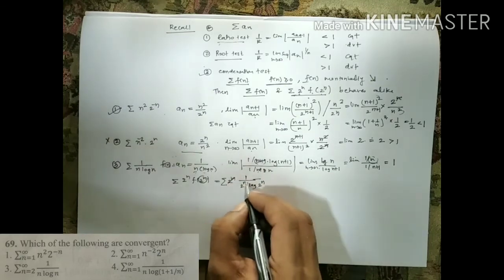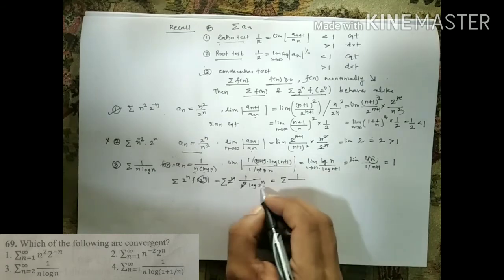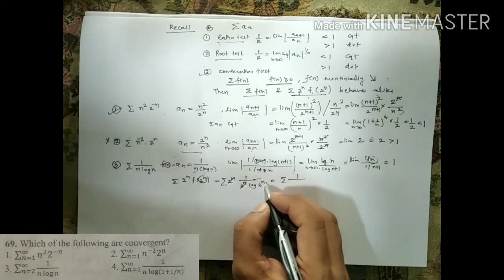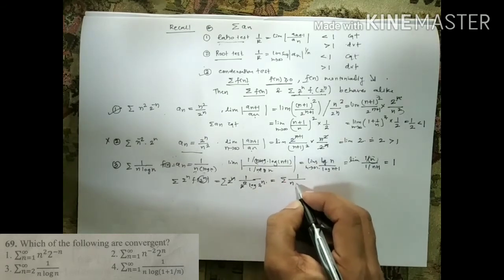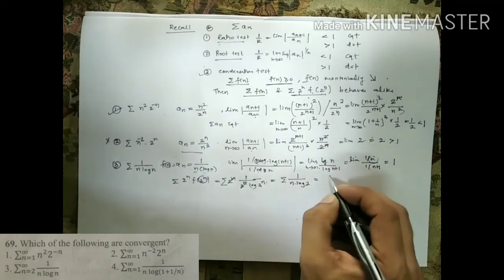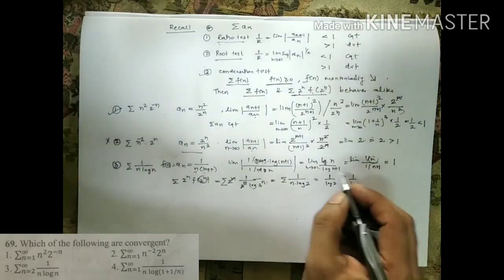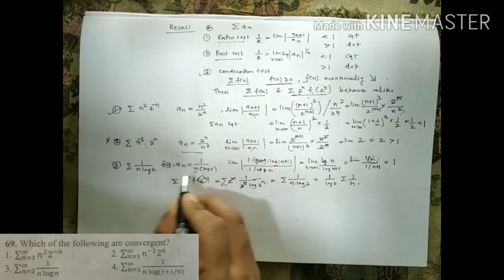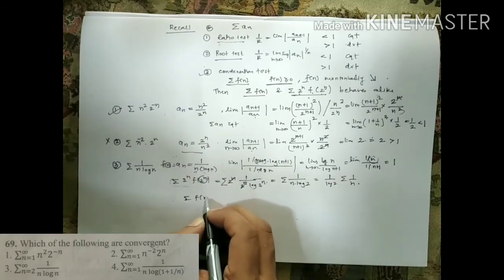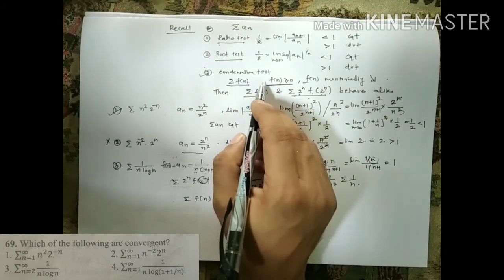This 2 raised to n and 2 raised to n will cancel, and I will get 1 upon log of 2 raised to n. This n will go that side, n log 2. Now we know that log 2 is constant. This series is divergent for sure. If this series diverges, then the original series will also diverge by the condensation test.